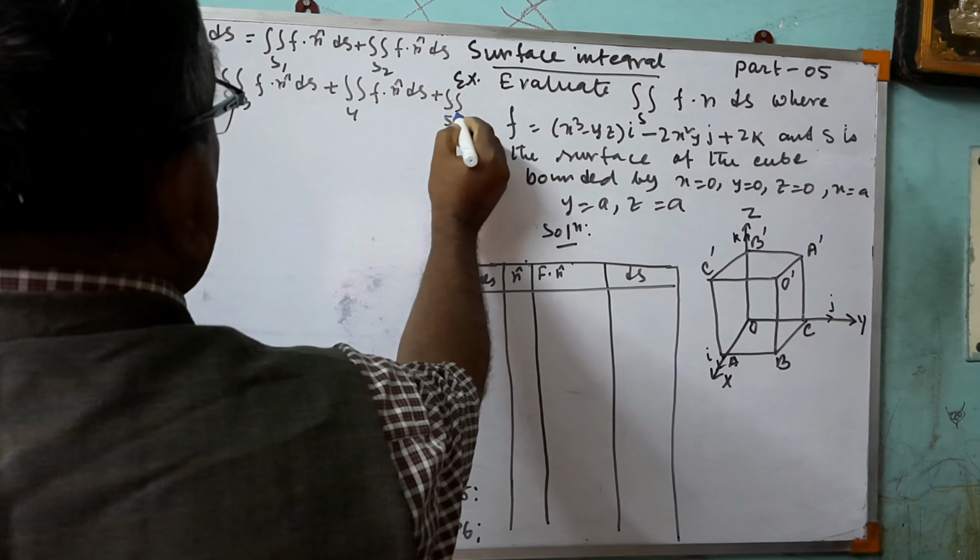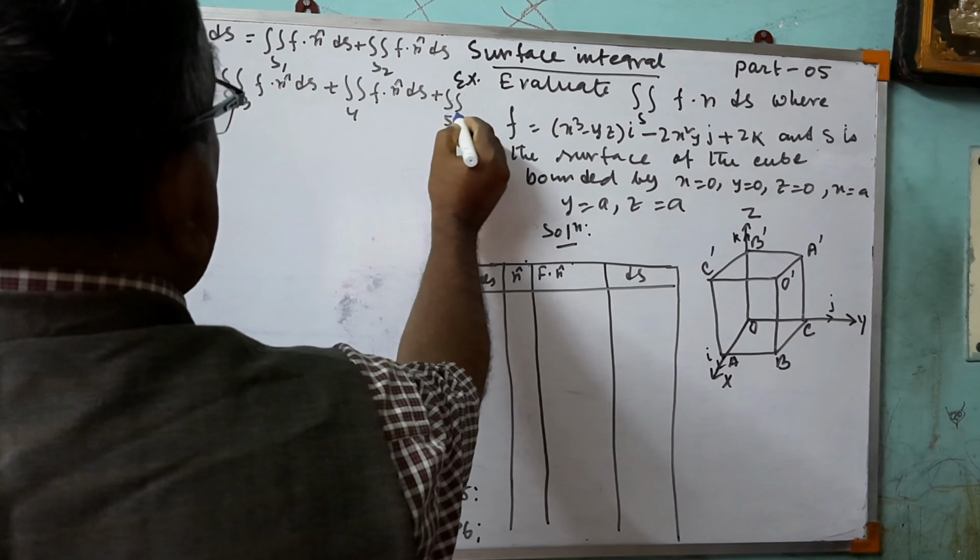S1 is x equal to 0. S2 is x equal to a. S3 is y equal to 0. S4 is y equal to a. S5 is z equal to 0 and S6 is z equal to a. These are the 6 faces. Start with x equal to 0: the n vector will be minus i.